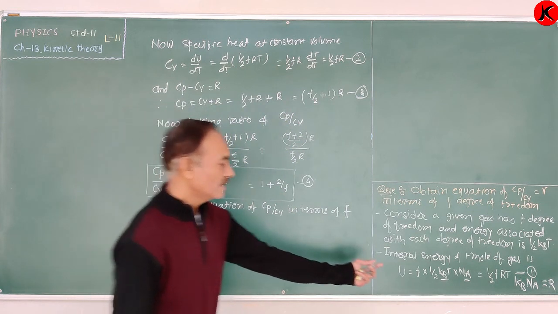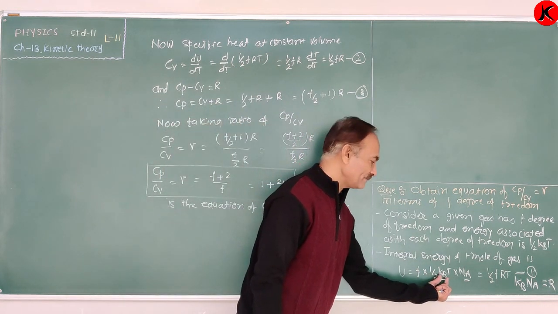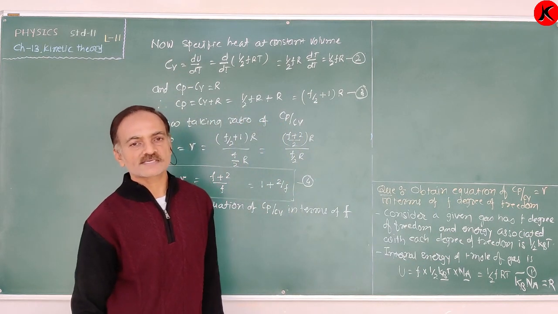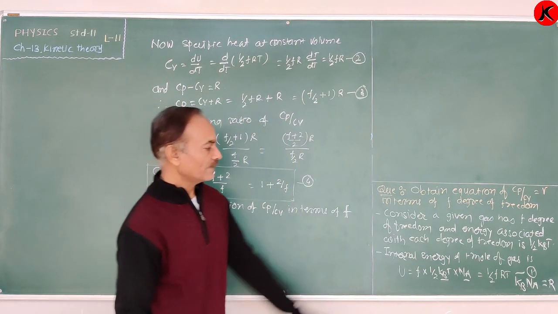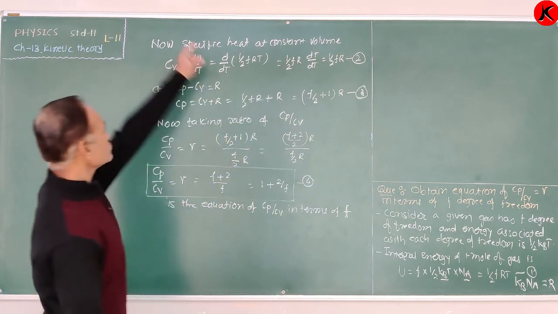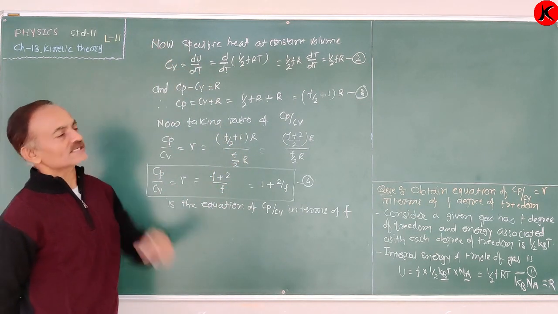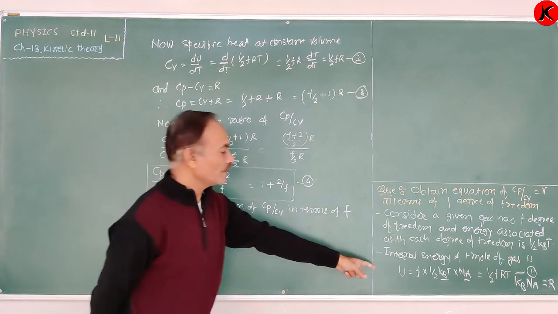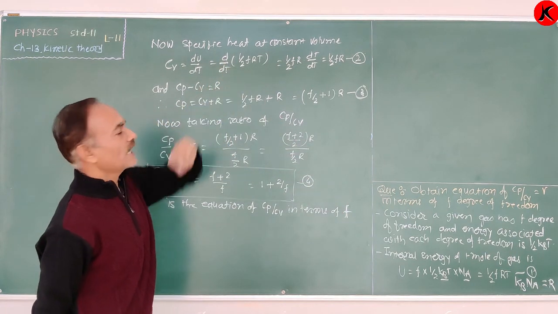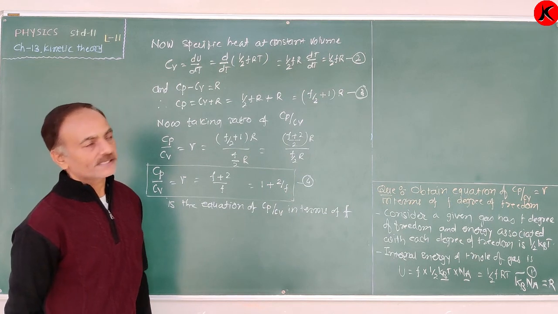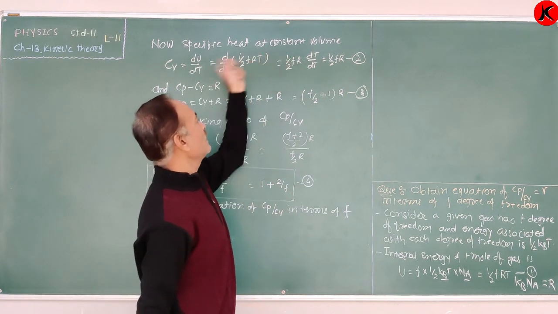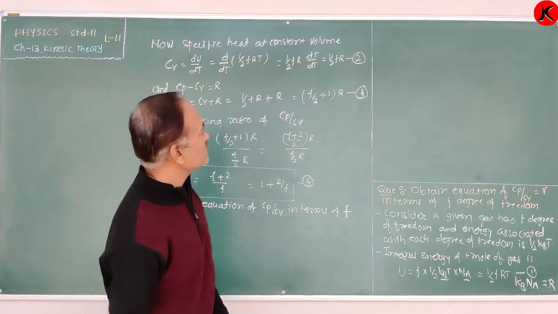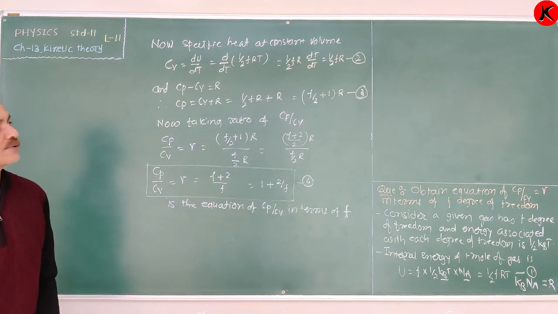So half F into half kBT into Na, but kB into Na is the universal gas constant R. Therefore, half FRT. Now, specific heat at constant volume Cv is equal to dU by dT. We substitute the value of U. Therefore, d by dT of half FRT. Half FR is a common constant. Therefore, dT upon dT is 1. Therefore, value of Cv is half into FR.